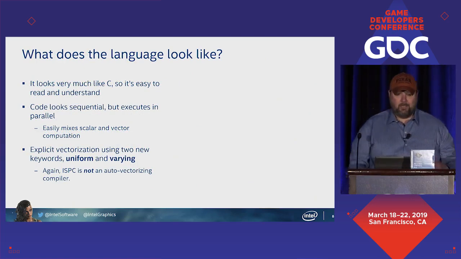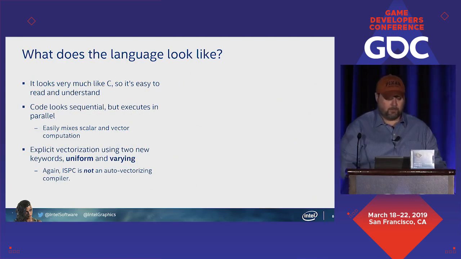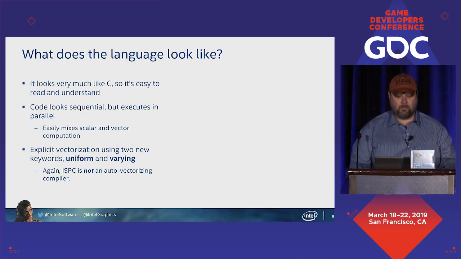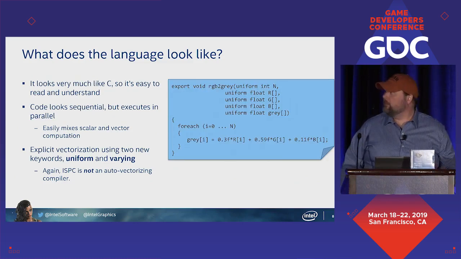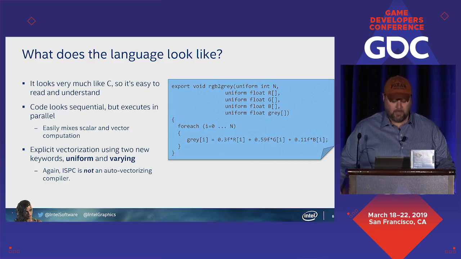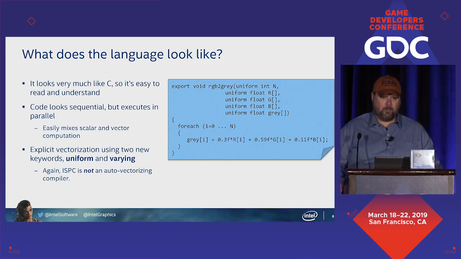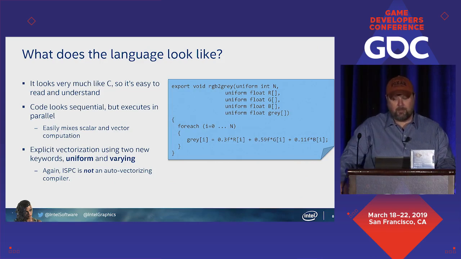So it looks, like I said, a lot like C, so it's easy to read and understand. And here's an example of a simple kernel in ISPC. It's called RGB2Gray. You'll see this throughout the rest of this presentation. Essentially, it's taking an R, G, and B value, multiplying by some scalars and summing it into a gray value.